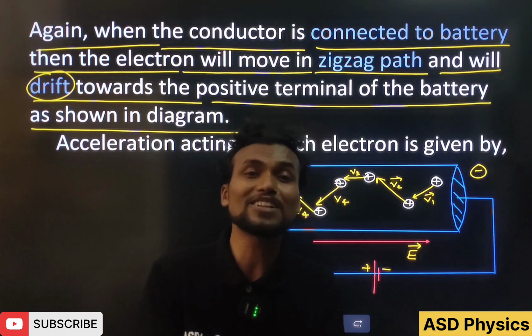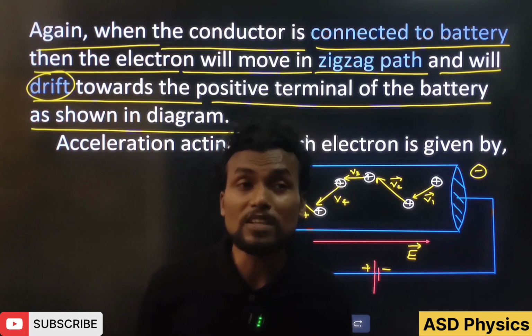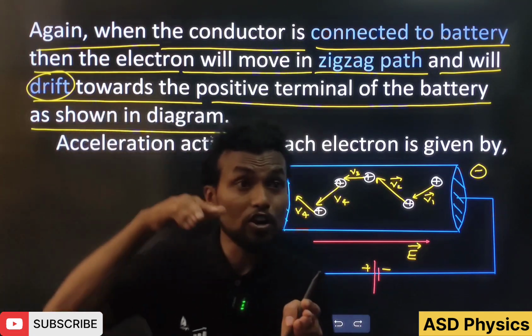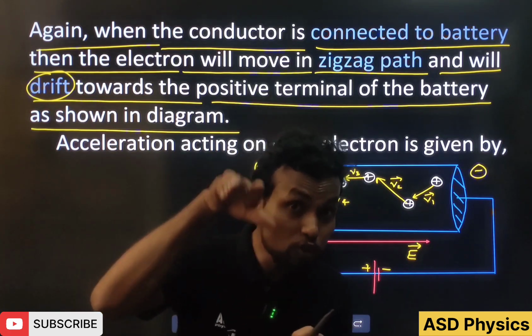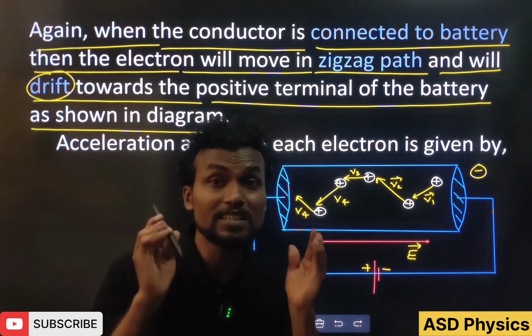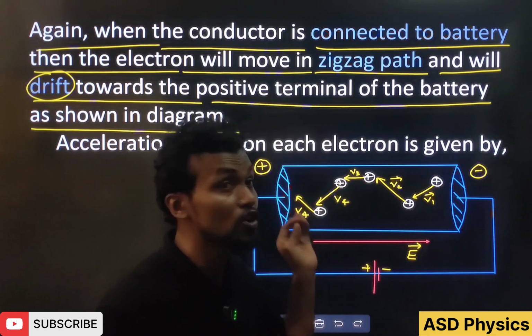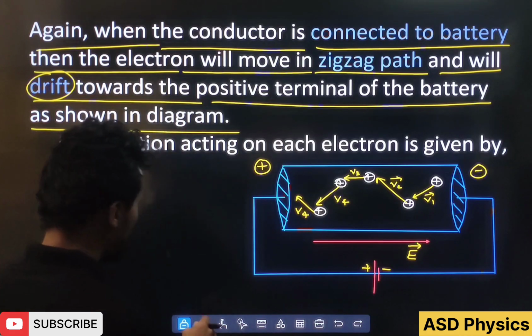The moment the second breaker is crossed, the car will increase the speed, and again the third breaker will come. So the car's speed is not increasing continuously, the speed is drifting. In the same way, the speed of the electron is not increasing continuously. It is drifting because of the regular collisions with the fixed immobile positive ions.